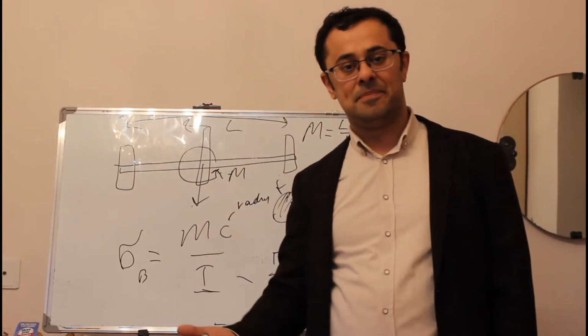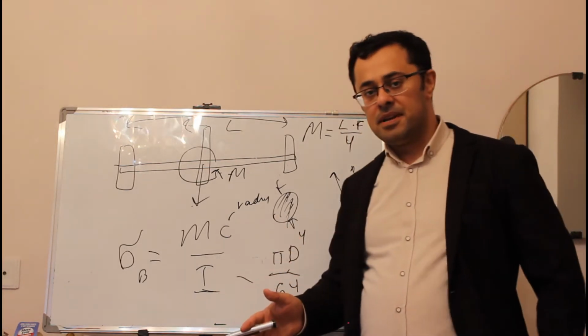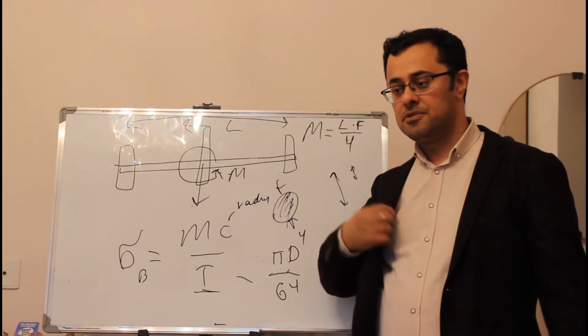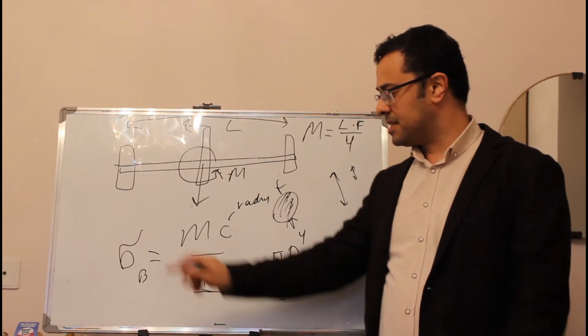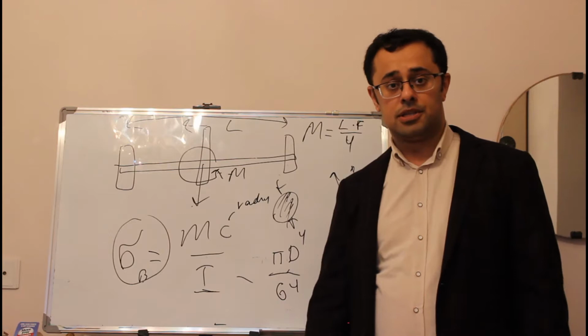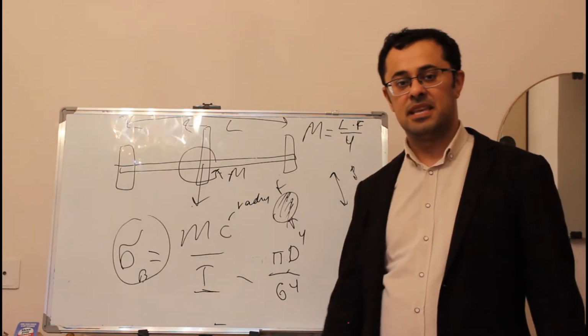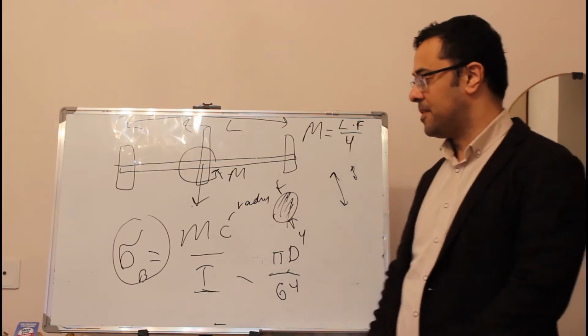So you add the moment. So this is my way. I calculate the bending stress. I also know there are other stresses like shear stress, so I also get that into my calculation.